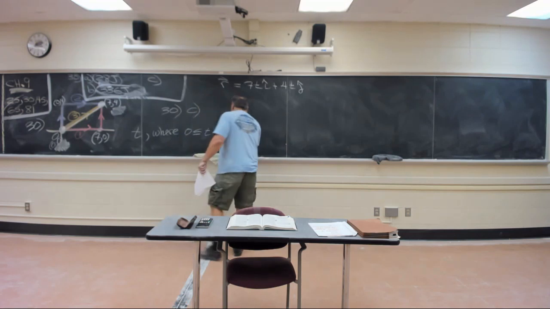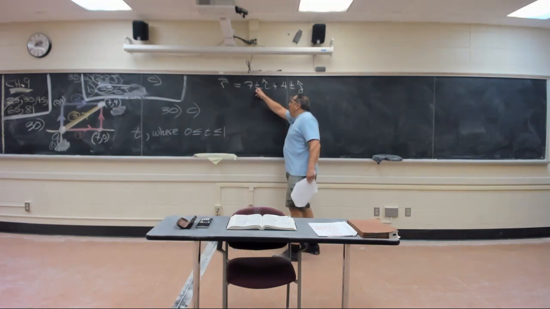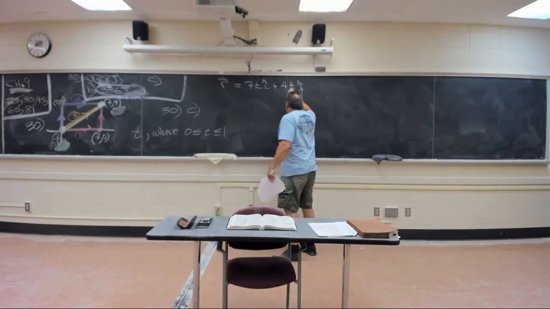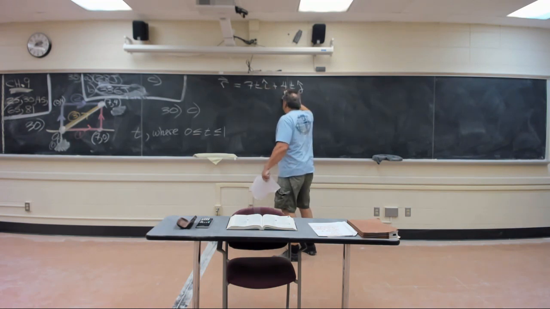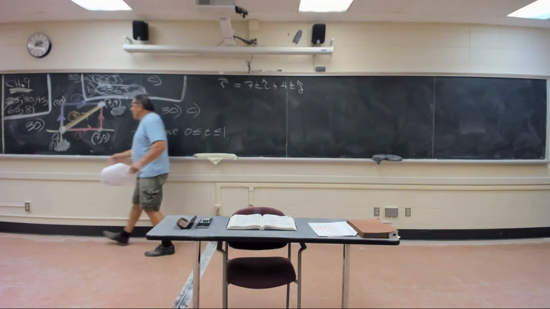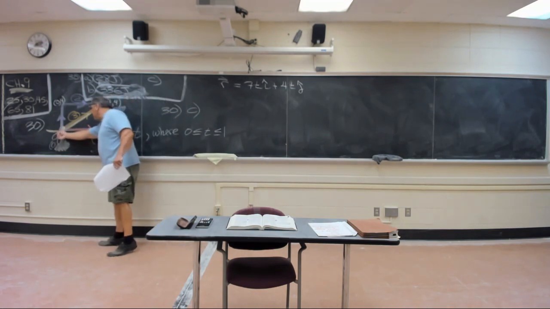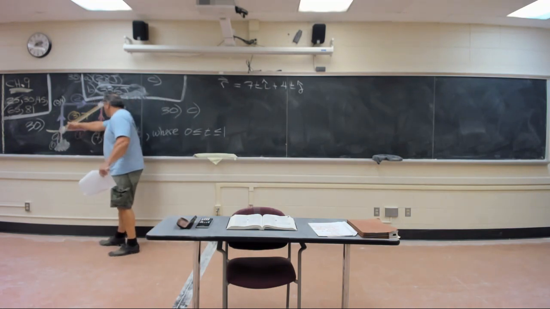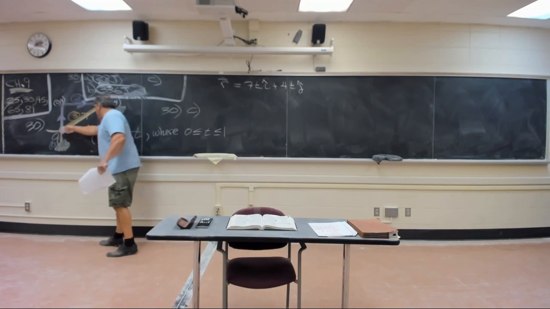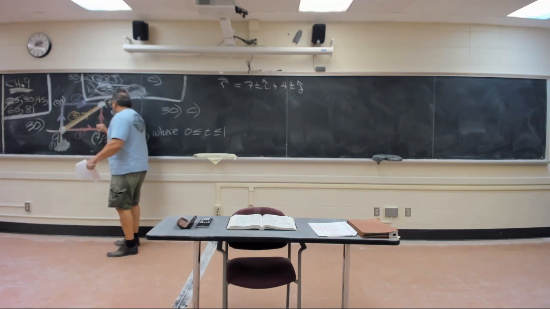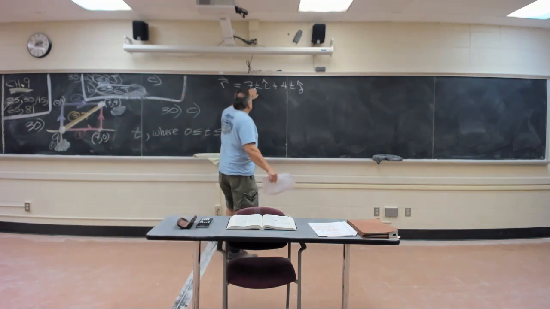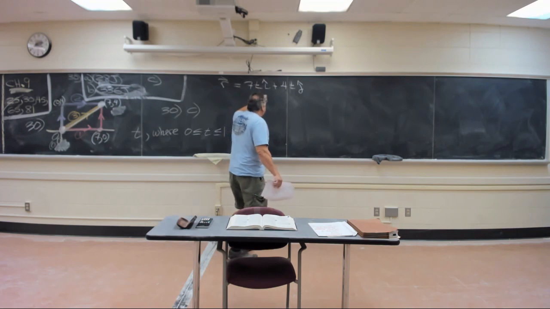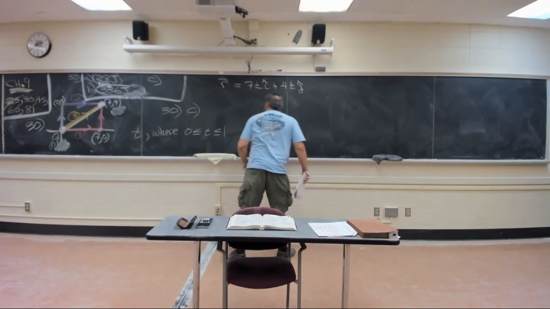If you put t equals 1, 1 times 7 is 7, and 1 times 4 is 4. So 1 times 7 is 7 over, 1 times 4 is 4 up. What if you put a half in there? 7 times a half is 3.5, and then 4 times a half is 2.